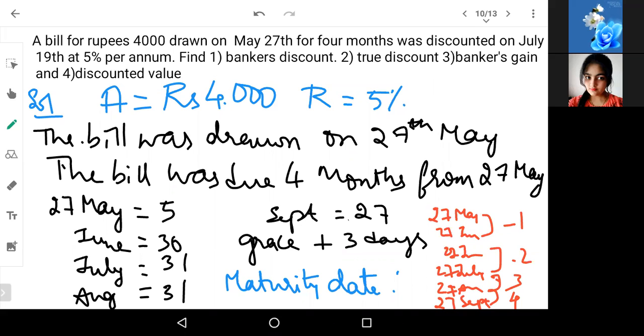Correct? 27th date is important. May to June, first month. June to July, second month. July to August, third month. August to September, fourth month.